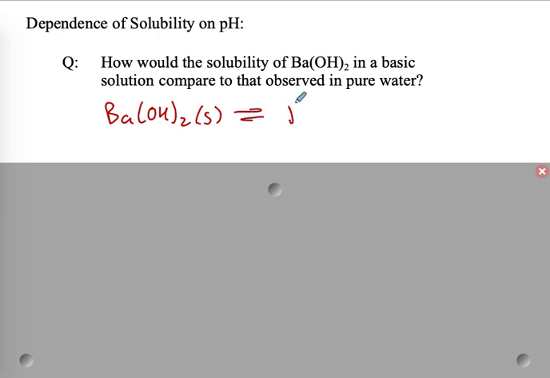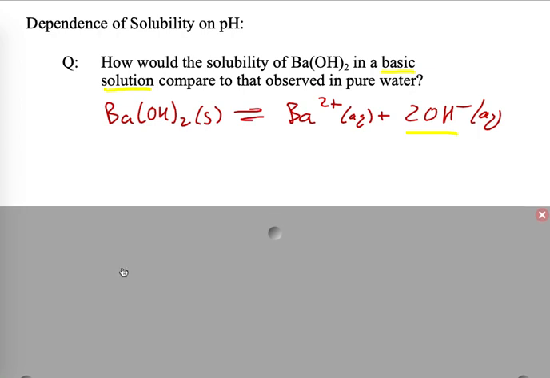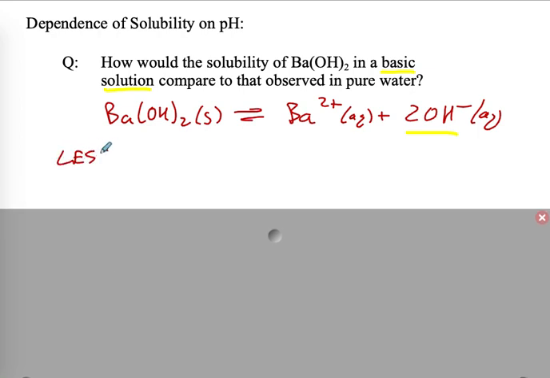It dissolves and dissociates to form barium 2+ cations plus 2 hydroxide anions. Well, in pure water, we could easily calculate the concentrations of each species, but if it is a basic solution, then that means I have a pre-existing concentration of hydroxide, one of the ions produced in the ionization, so we would predict that it would be less soluble in a basic solution by Le Chatelier's principle.